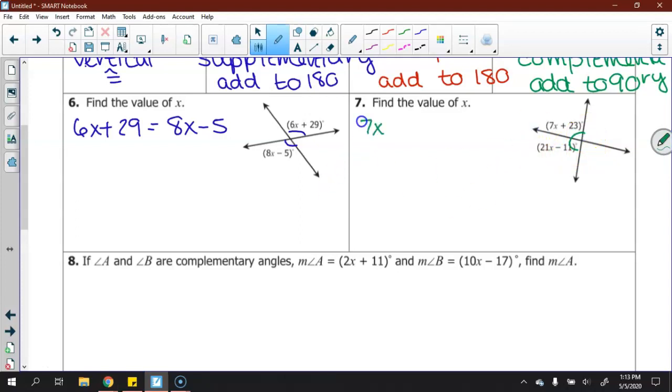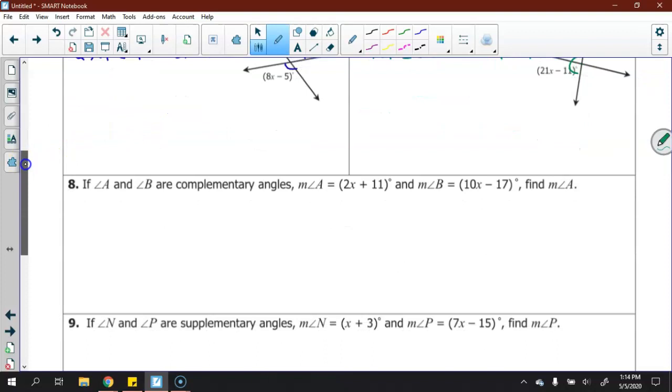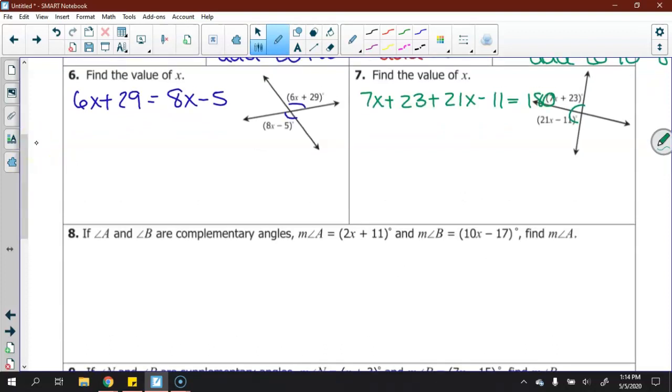So I've got 7x plus 23 plus 21x minus 11 equals 180. All right, you guys need any more time to copy that down?